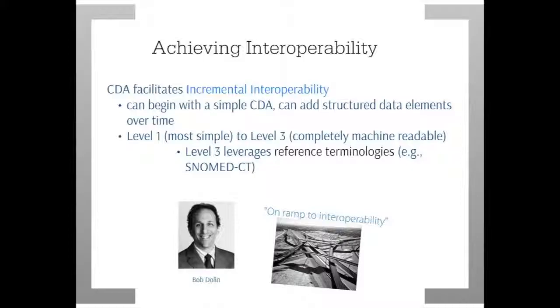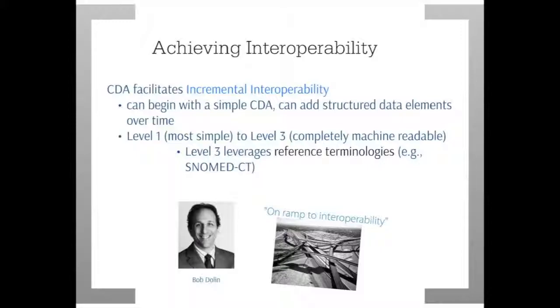I have to give a plug. The concept of the on-ramp to interoperability is actually a phrase I borrowed from Bob Dolan, who's the current HL7 president, and the take-home message I wanted to provide regarding the use of clinical document architecture is that it provides incremental interoperability.